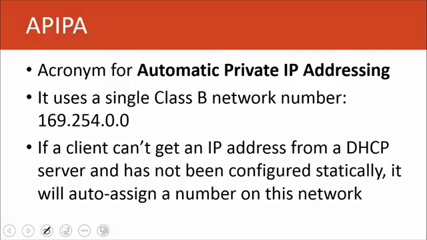So it'll have an address within the 169 range. This is useful because if your computer can't access the internet, or there's something wrong and you can't automatically obtain an IP address, then you're going to self-assign an APIPA address, and that'll allow you to communicate with all the other devices that are on your local network.